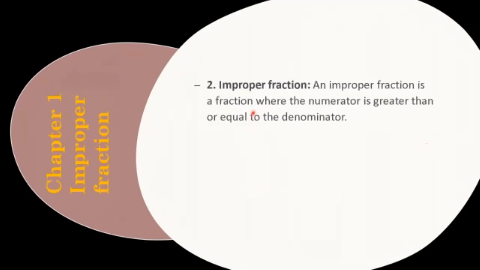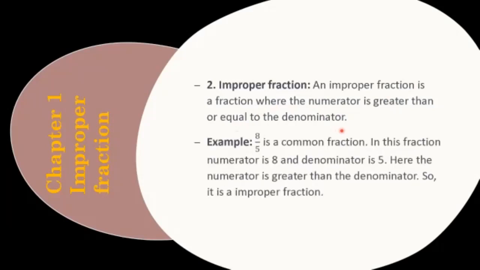Now the next one is improper fraction. An improper fraction is a fraction where the numerator is greater than or equal to the denominator. As you can see in the example, 8 divided by 5 is a common fraction.